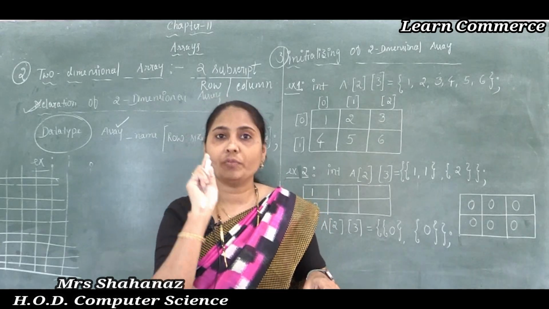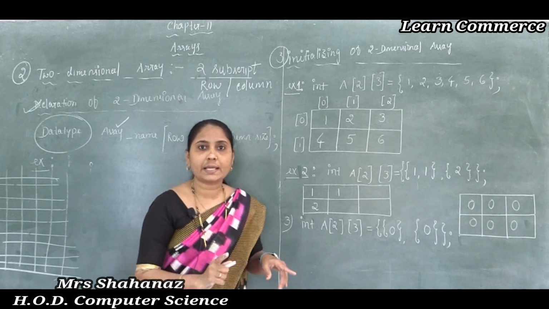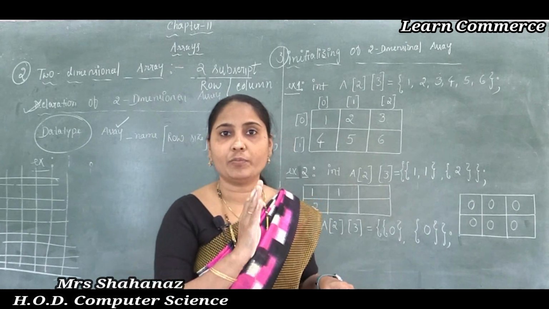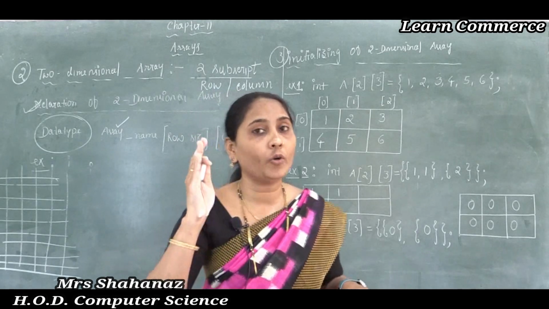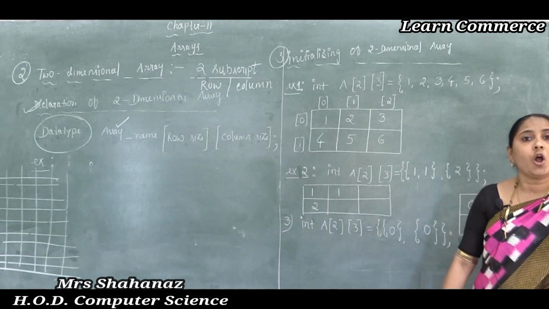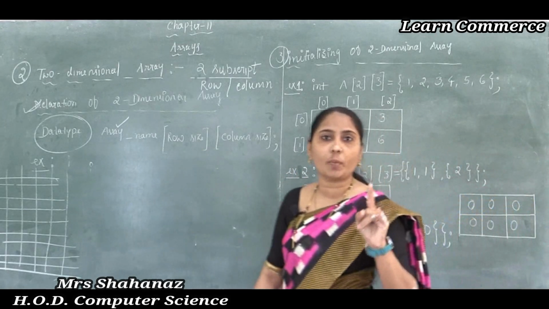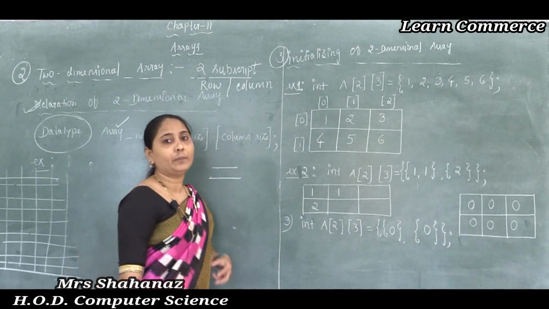Correct? So in our two-dimensional array, in this case we can initialize the values after the declaration, just by using an operator or statement. Which operator are we going to use? That is called the assignment statement.